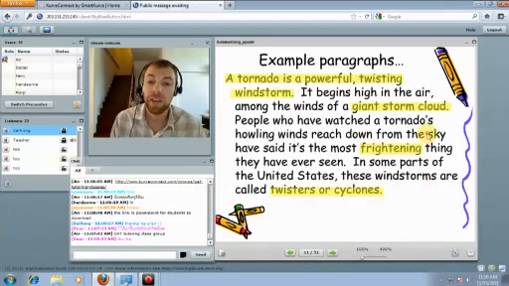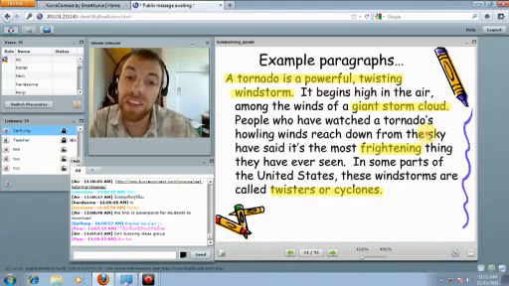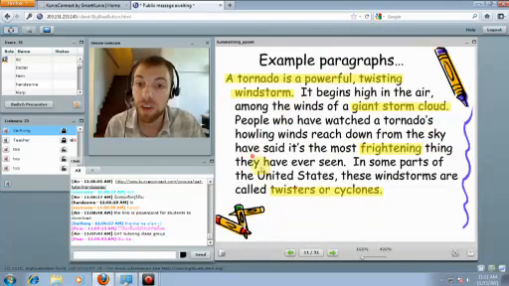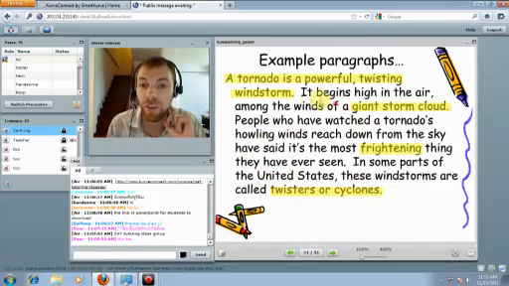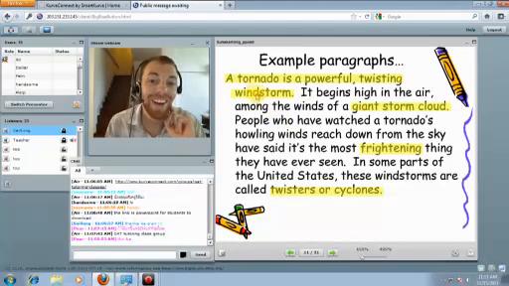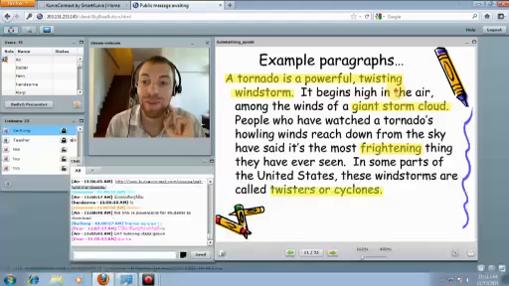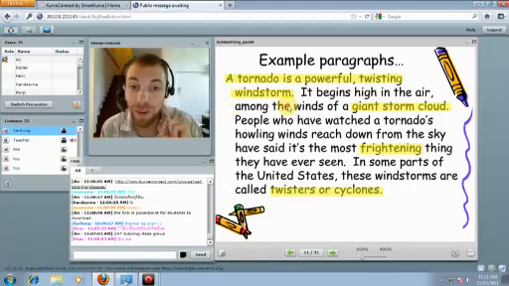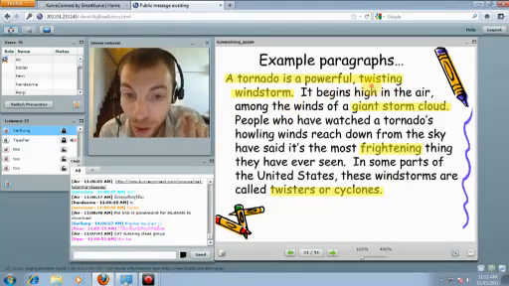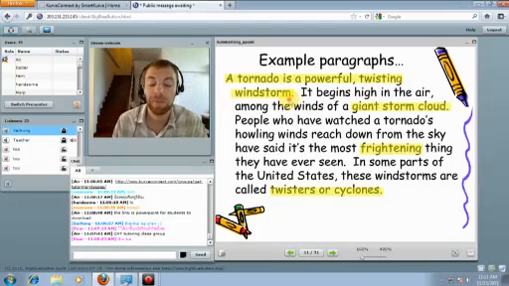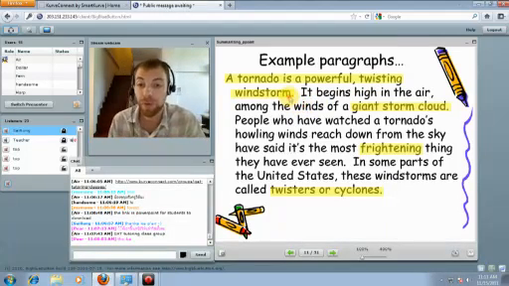So, let's think. Any idea what the main idea or the topic sentence is? If you're thinking this, you are correct. Very easy. A tornado is a powerful, twisting windstorm. This is about tornadoes.